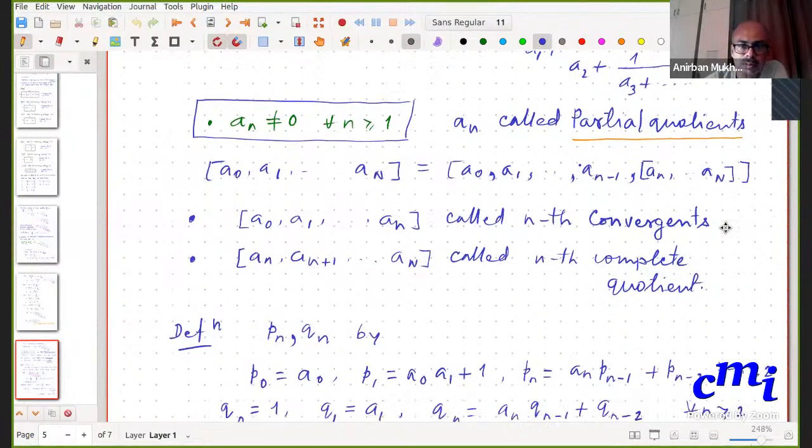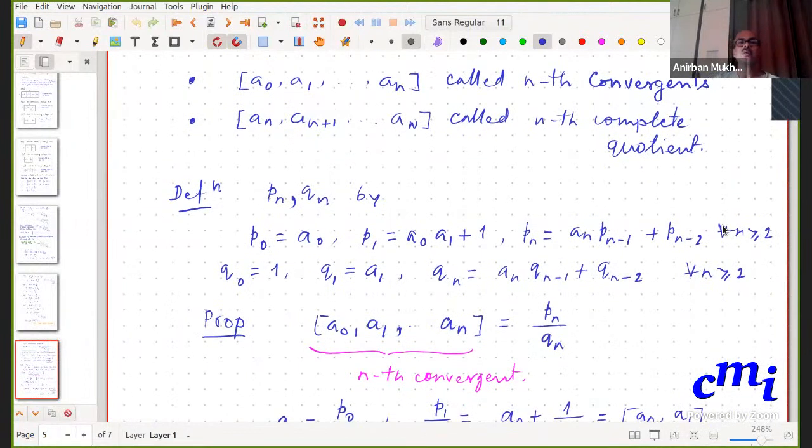Our notations were these p_n and q_n. The p_n and q_n are defined recursively via these relations, these past two lines. We also showed, in the first proposition that we proved, that a continued fraction [a_0; a_1, ..., a_n] can be written as a quotient p_n by q_n, with q_n being the denominator and p_n the numerator.